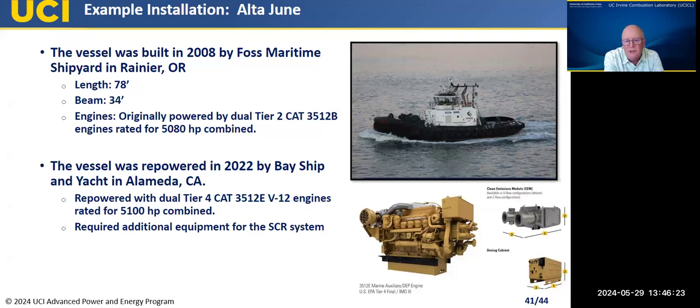You can see the picture of the engine and what they call a clean emission module. That's basically the SCR system, and then the dosing cabinet that's used to hold the DEF. Typically, the DEF that you need is maybe 5% of the fuel itself, right? So it's not a huge amount. Next.